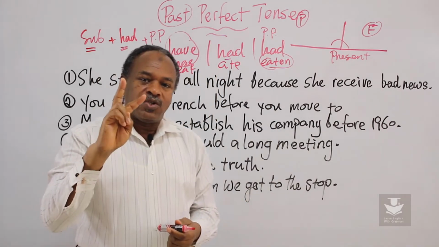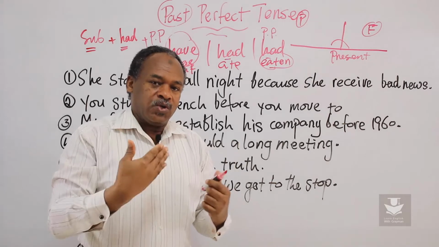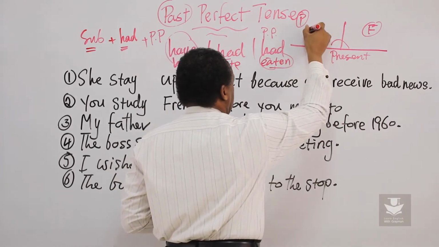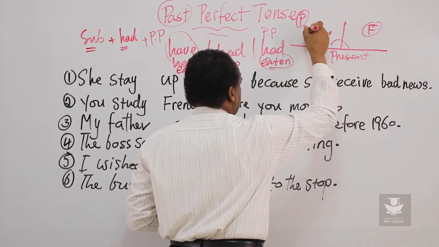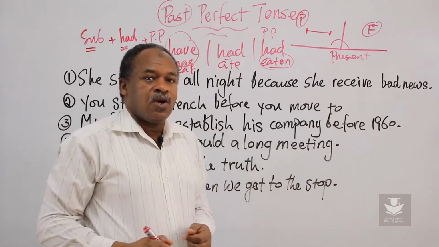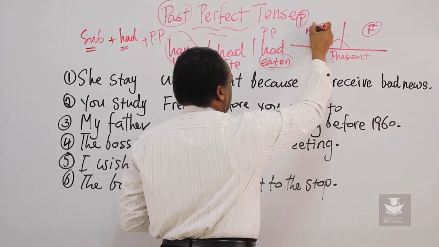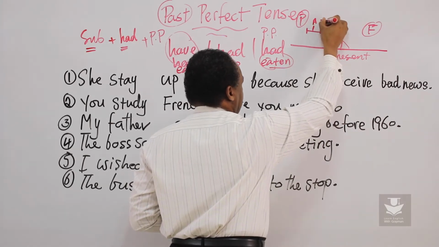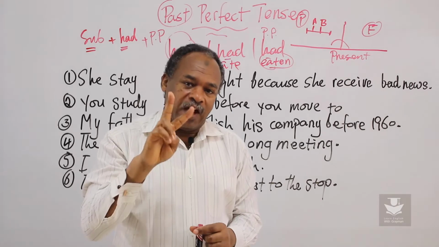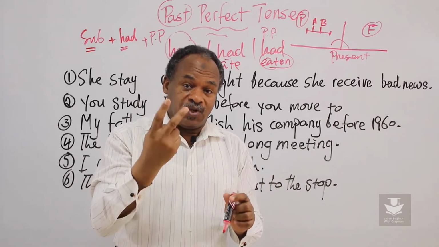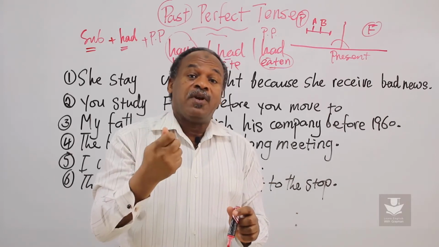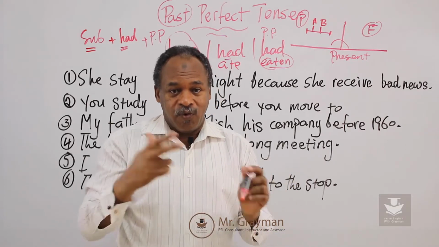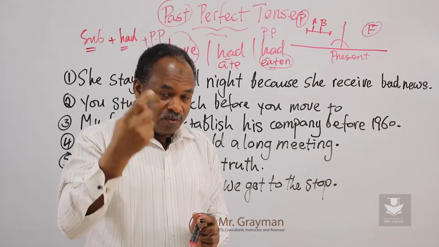One of the situations in which we use the past perfect tense: there is one event that happened here, event A, and this is event B. When two events happen, both of these actions happen in the past, one before the other.